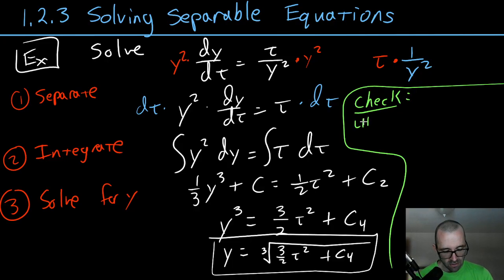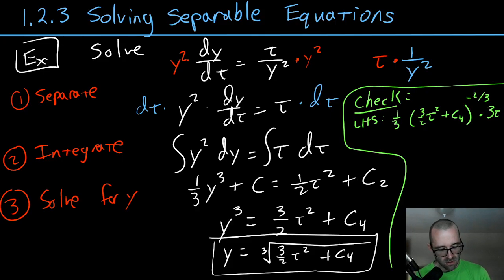What is the derivative with respect to t? Well, this is a 1/3 exponent, so we're going to use the chain rule. So it's 1/3 times the inside, which stays the same, subtract one from the exponent, times the derivative of the inside, which is going to be 3t.